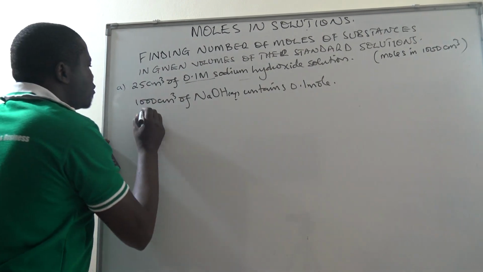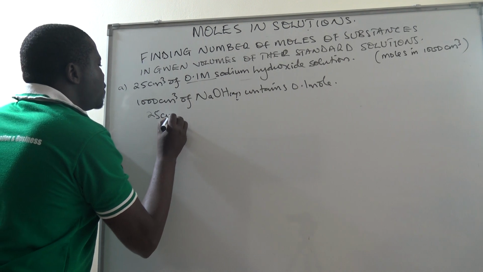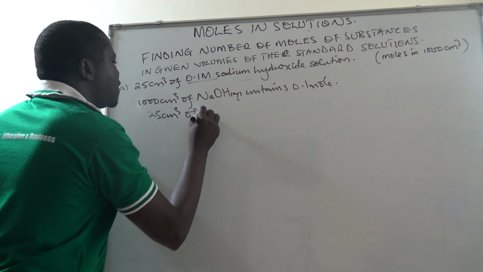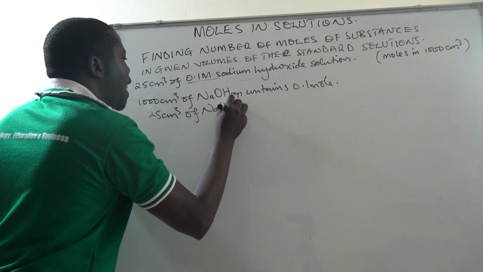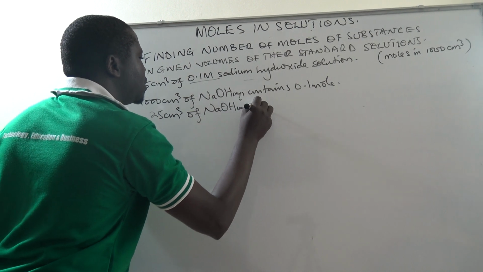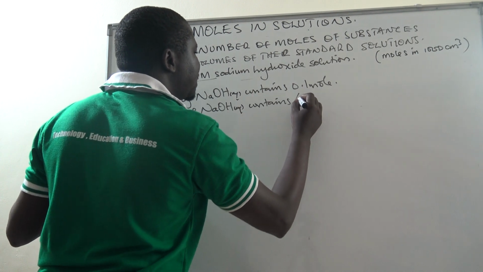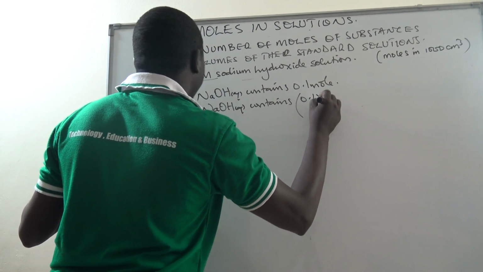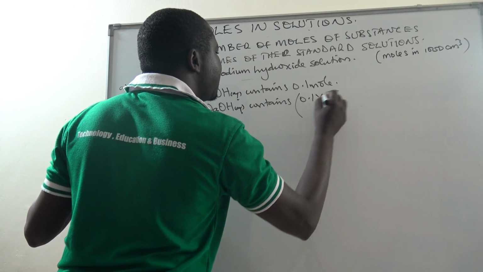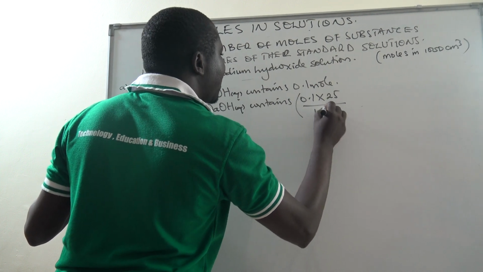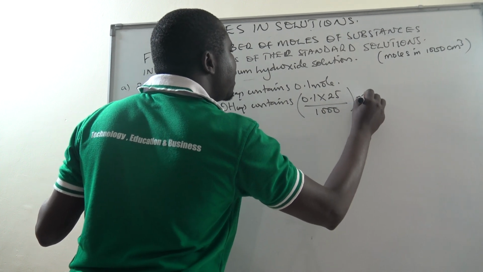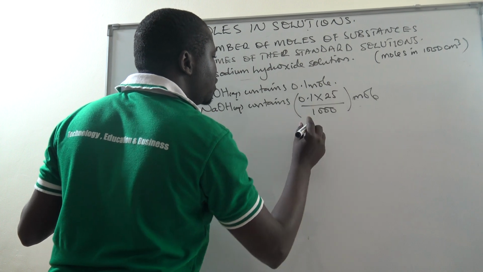And then what of the 25 cubic centimeters of the sodium hydroxide solution? It contains, we cross multiply, 0.1 times 25 over 1,000 and the unit remains mole. So let us look for this.